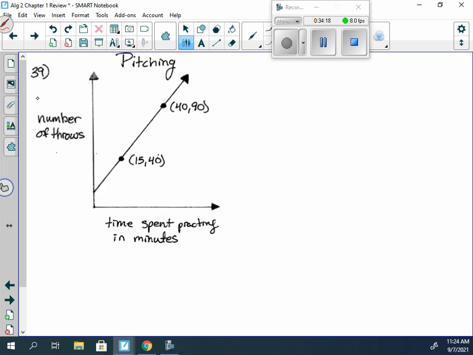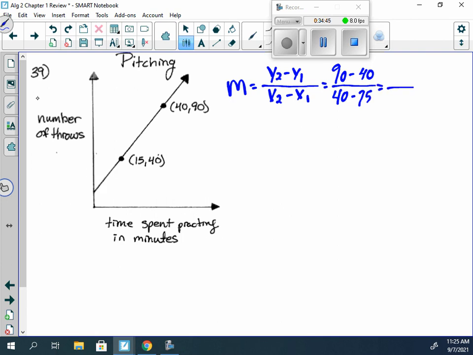Now, did they give us the y-intercept? Well, no, and they didn't give us the slope either. But our slope is y2 minus y1 over x2 minus x1. What are our two y values for the points that are given? 90 and 40, so we can say 90 minus 40 over 40 minus 15.